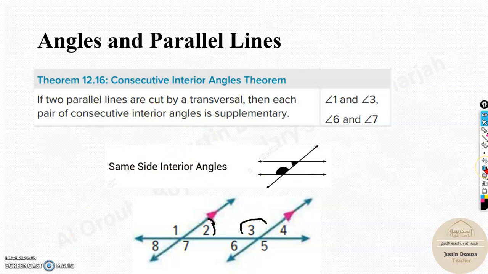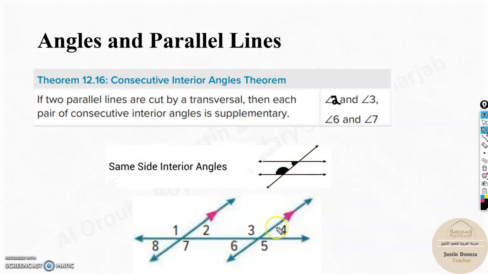There is an error over here. I apologize for that. I'll change this and edit it later on. This is supposed to be 2 over here. 2 and 3 are consecutive interior angles. 7 and 6 as well. This is correct.